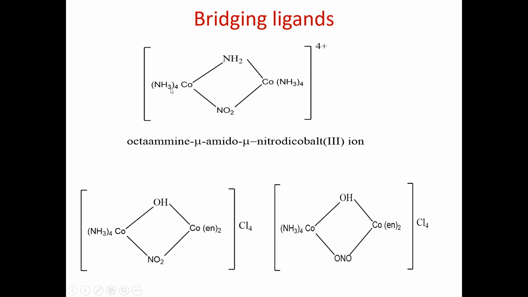So irrespective of alphabetical order, the bridging should always come after the ligand itself. It will always come before the mu. You cannot start naming with mu-amido, mu-nitro. Yes.